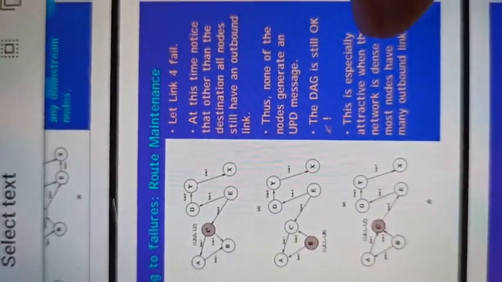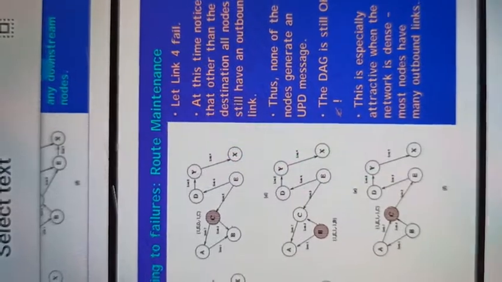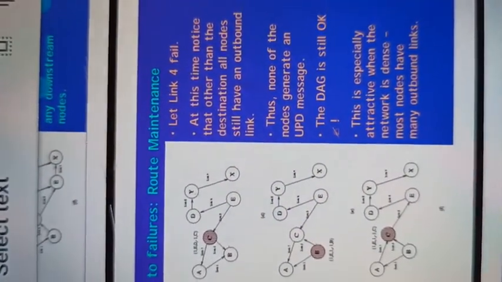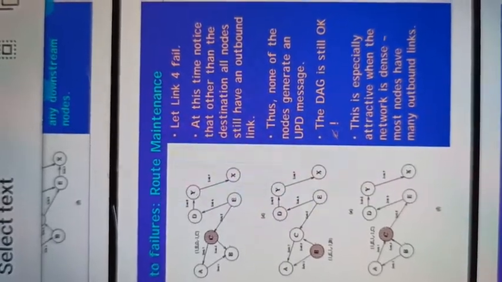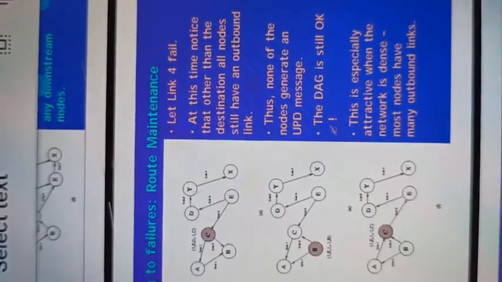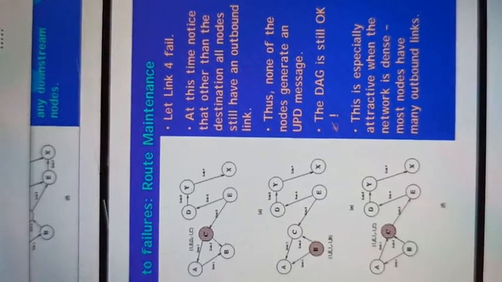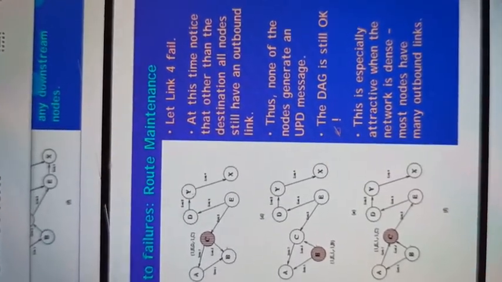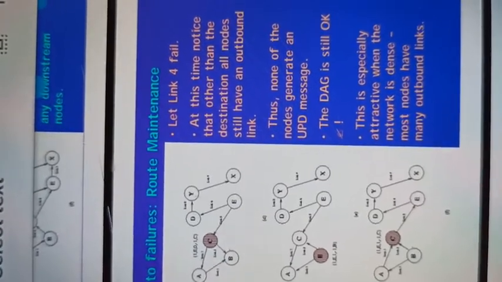In case of failure, route maintenance is performed in this way. Let a link fail. At this time, notice that other than the destination, all nodes still have an outbound link. Thus, none of the nodes generate an UPD message. The DAG is still okay.